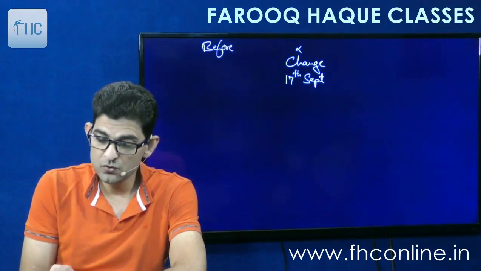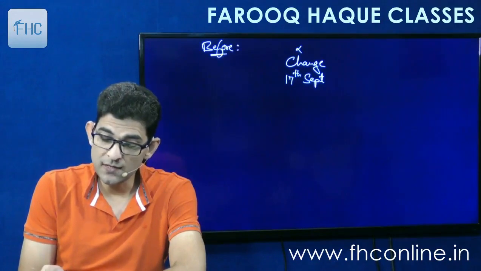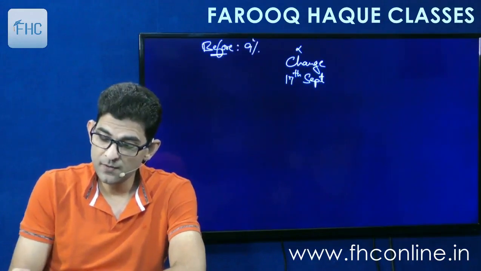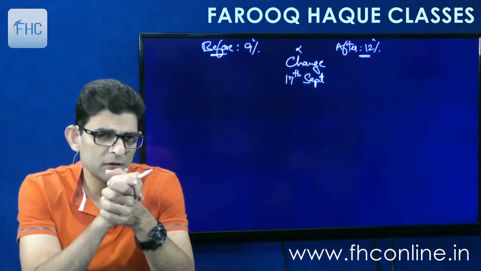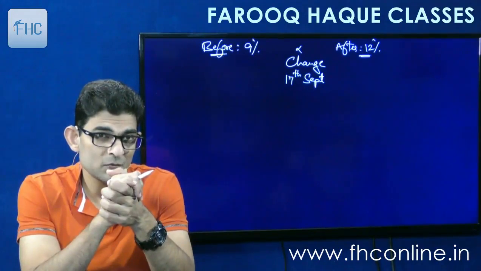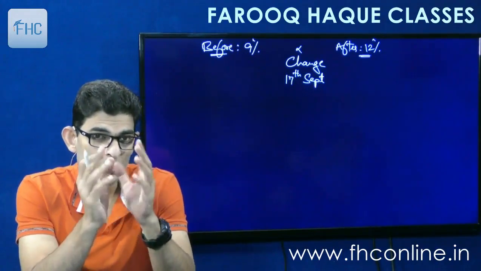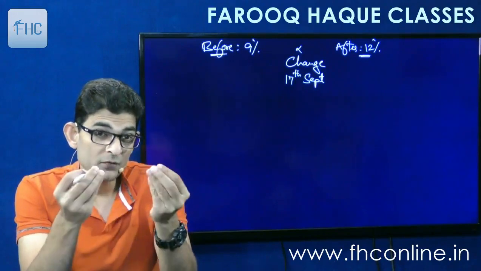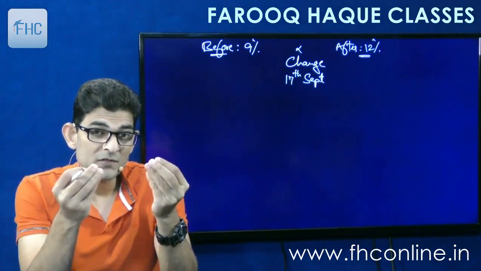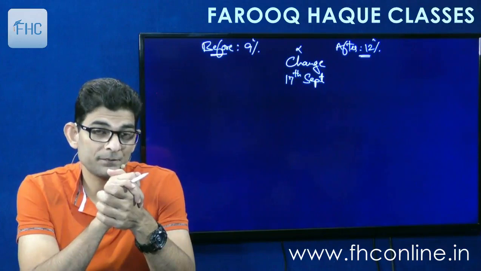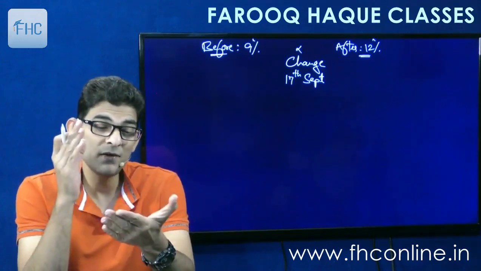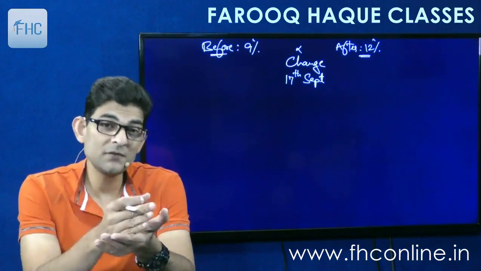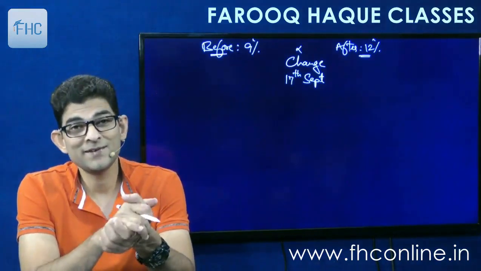Before, the rate was say 9% and afterwards it has been brought to 12%. Let me explain one more point here, because some students might be skeptical. They might not understand which is the date on which the rate changes. So if I have written 17th of September, means what? The rate is changing from 17th September. So if the time of supply comes exactly on 17th September, then which rate to apply?